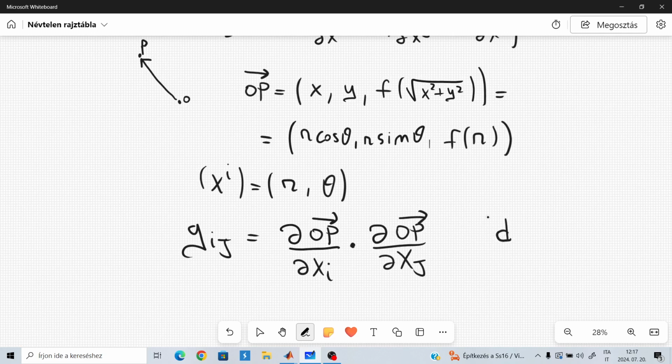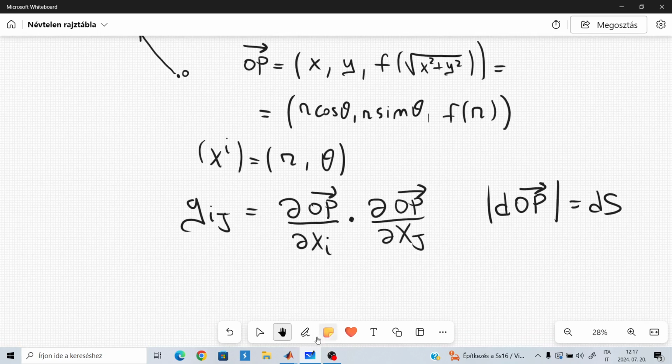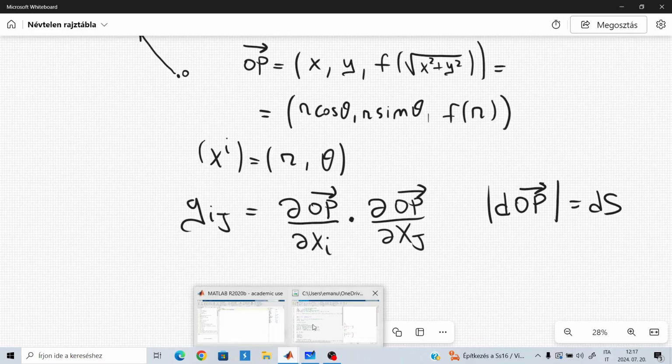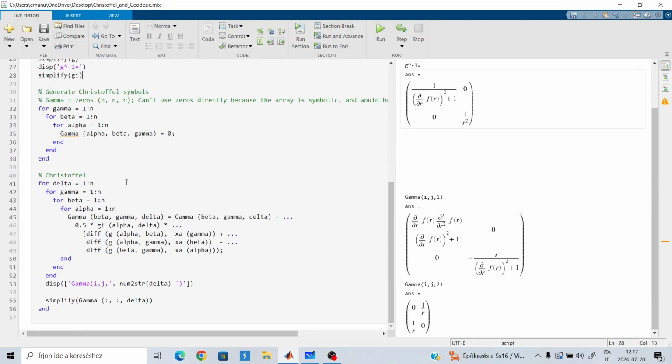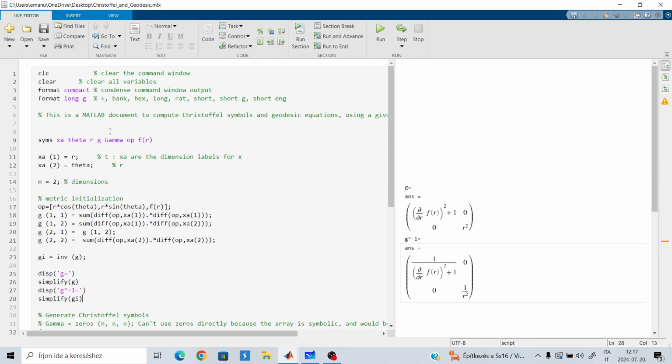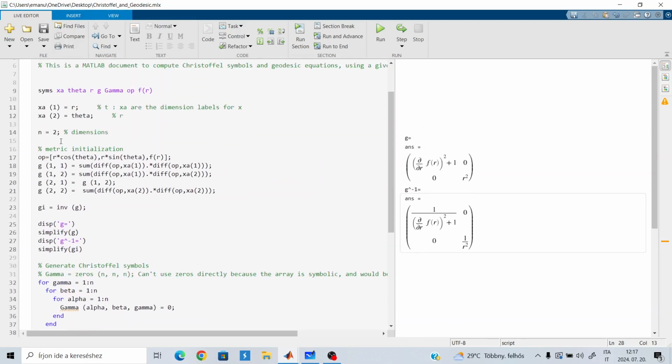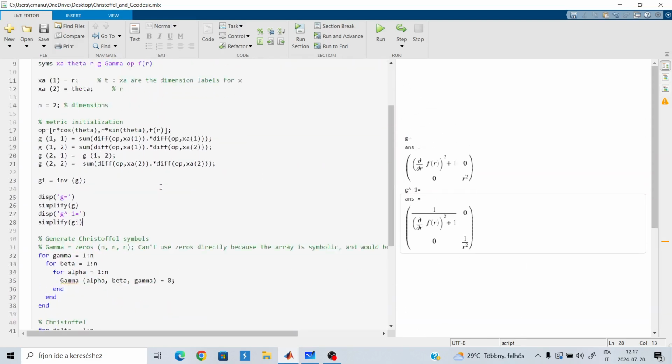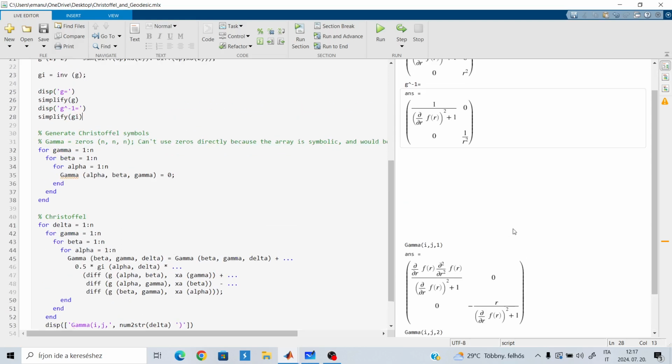And another thing that one should keep in mind is that the modulus of the differential of OP is equal to ds. Now, instead of doing all the calculations, I have prepared a MATLAB script here where I define the variables, and I calculate the metric tensor, the inverse metric tensor, and the Christoffel symbols.